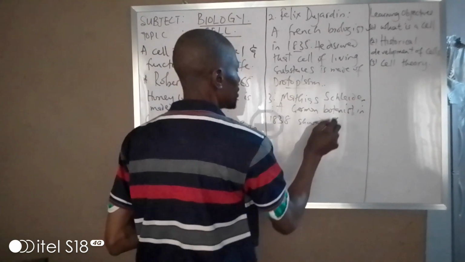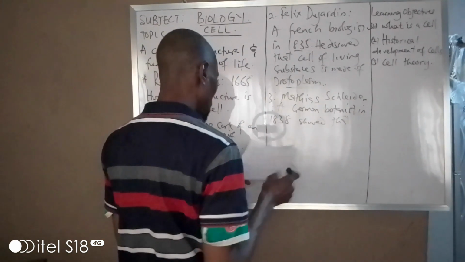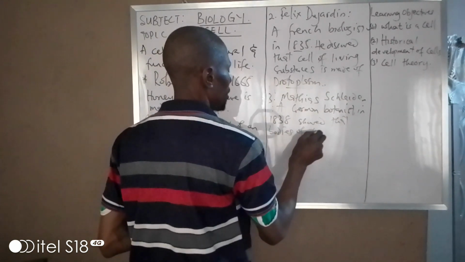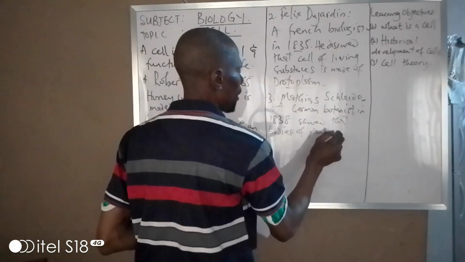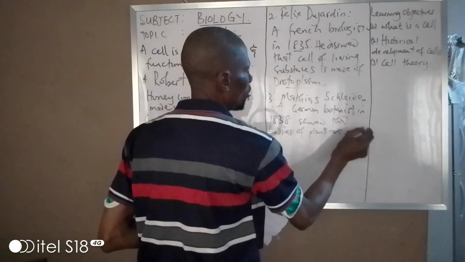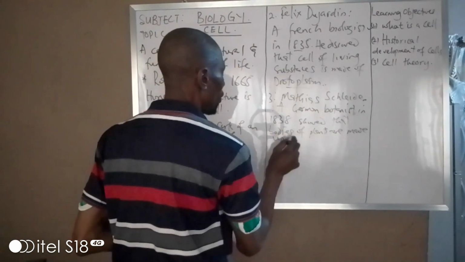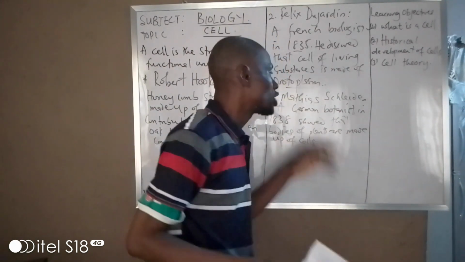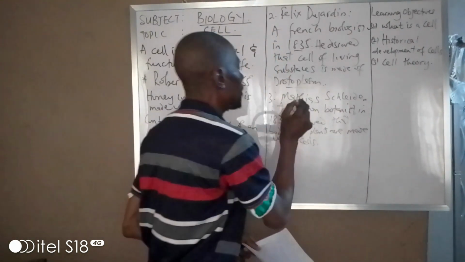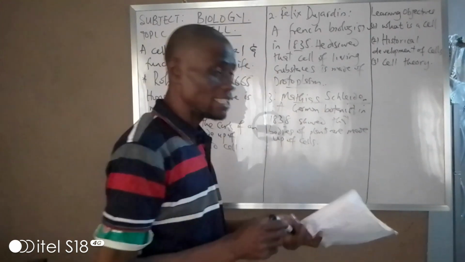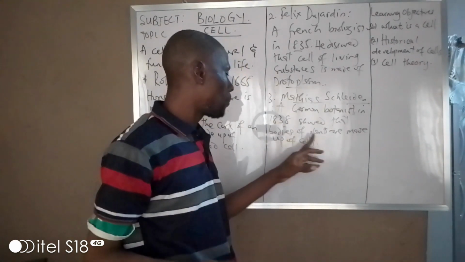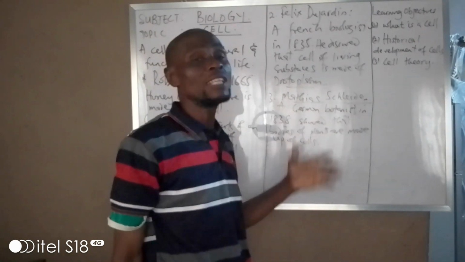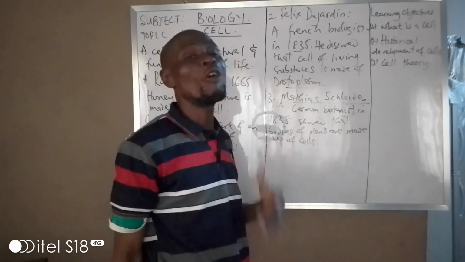He showed that the bodies of plants are made up of cell. So that was his contribution. So Matthias Schneider, a German botanist in 1838, showed that plants' bodies are made up of cell. That's why you say he's a botanist. A botanist is someone who studies plants.